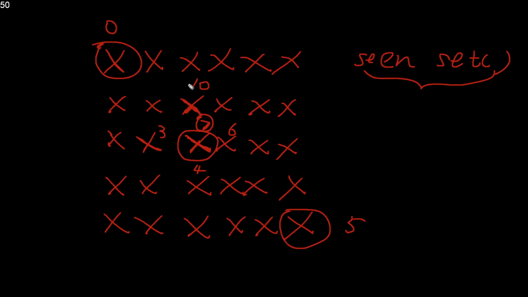If we union 10, and 10 has a connection with 5 here, with the end here, then we're getting the wrong value. It shouldn't be 7. It should be 10 instead, right?